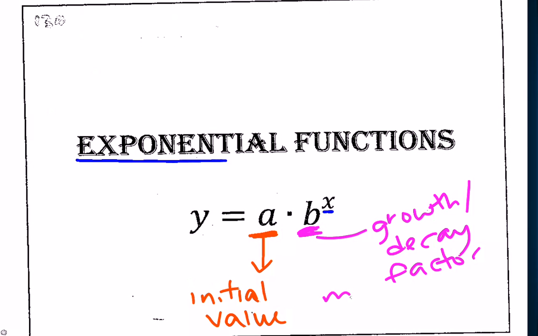We also call this the multiplier, and we will see why in a second. The growth or decay factor, or the multiplier. And then we have x and y as usual.